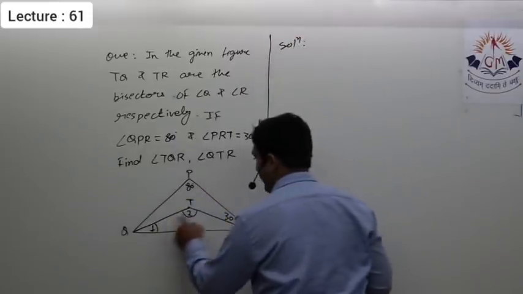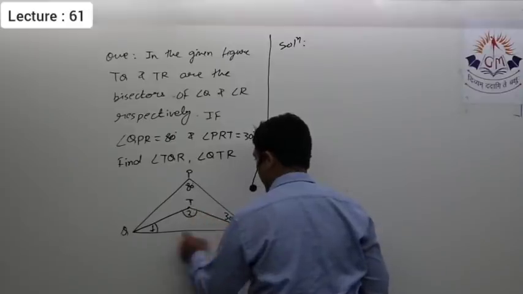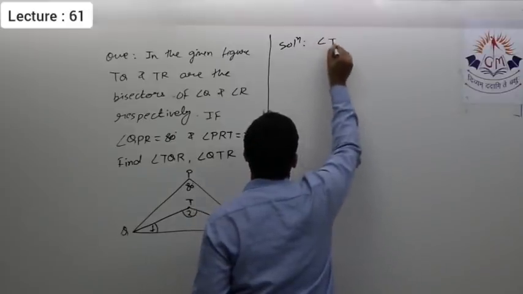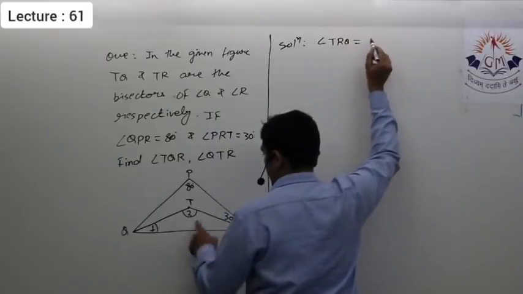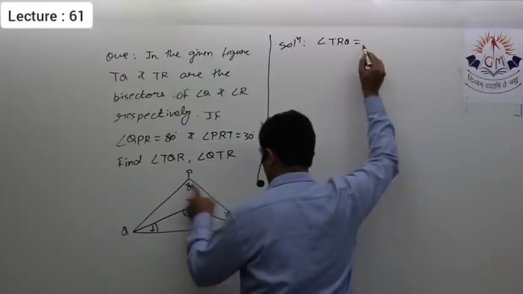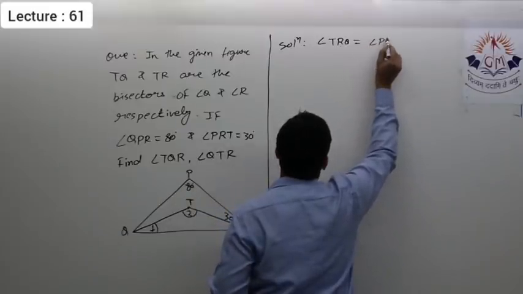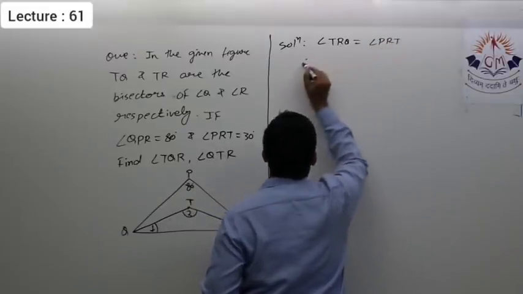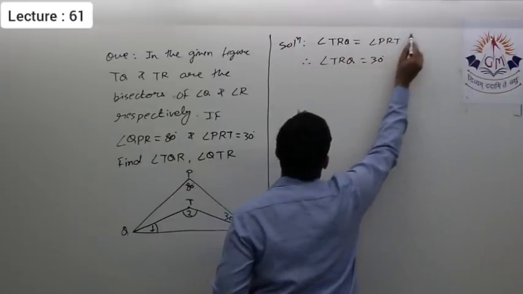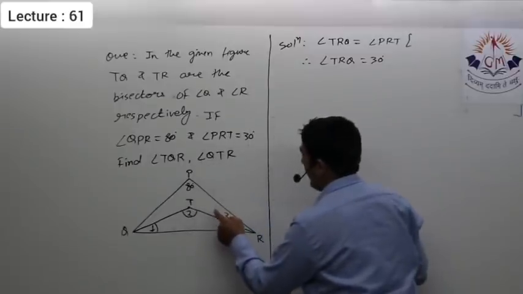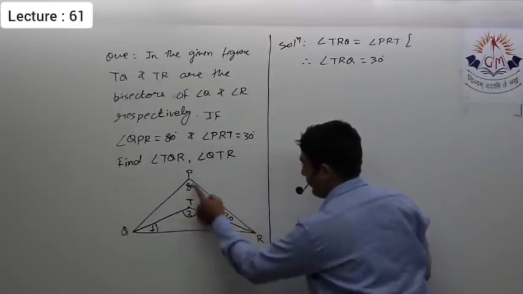So first of all, I will write angle TRQ is equal to angle PRT. Therefore, angle TRQ is equal to 30 degree. Now, what is the reason behind this? Why did I write angle TRQ equal to PRT?